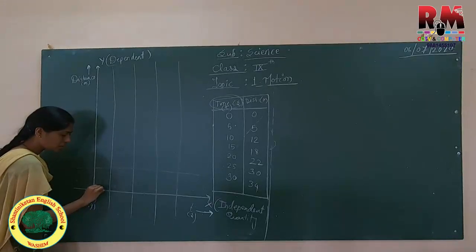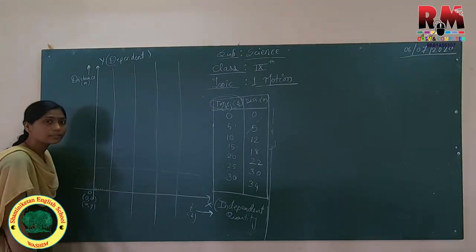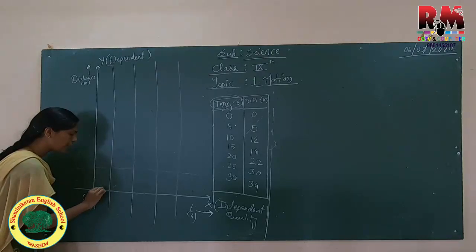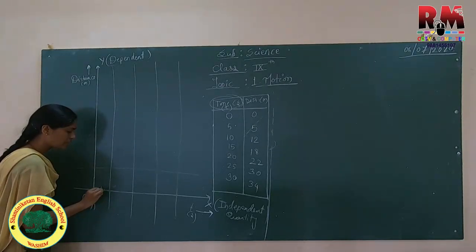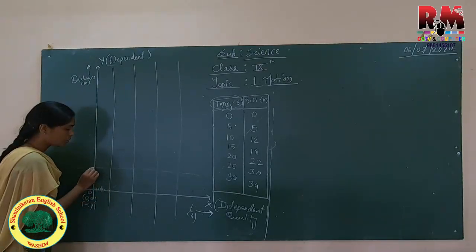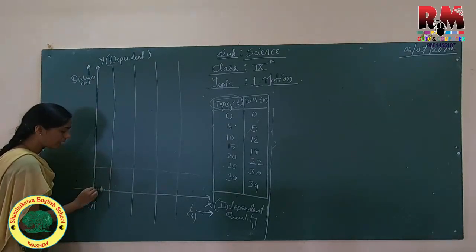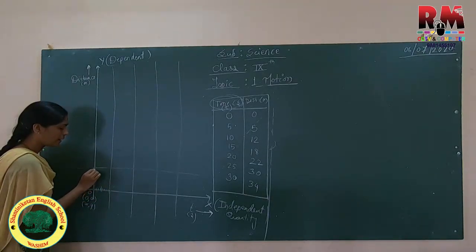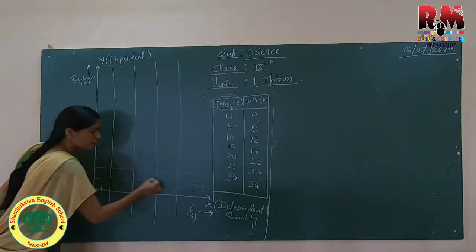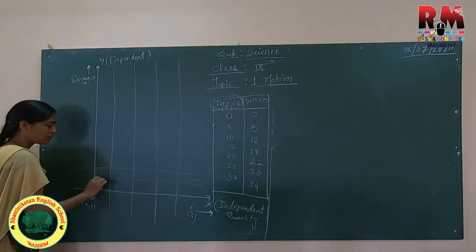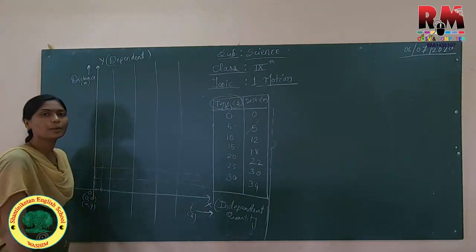Each one grid will have how many lines? 10 lines, and one will be shaded, a little faint, at 5. 0, 1, 2, 3, 4, 5, 6, 7, 8, 9 and 10. Here also you will have 0 to 10. So we have one faint line on your graph paper.